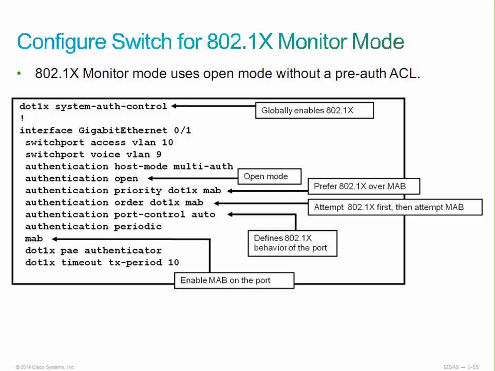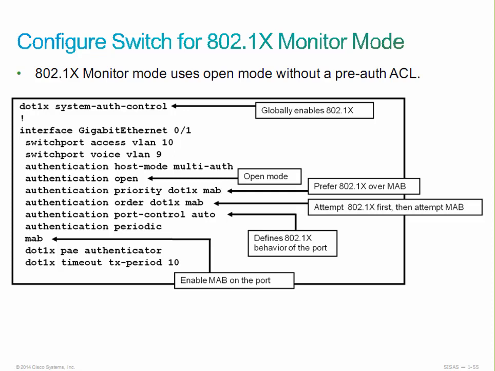By default, the switch is always going to attempt .1x authentication before it does MAC authentication bypass. But with flexible authentication, or what we call flex auth, we can change that order so maybe that MAB is attempted before any 802.1x authentication is attempted. There is a consequence to making this particular modification, though.